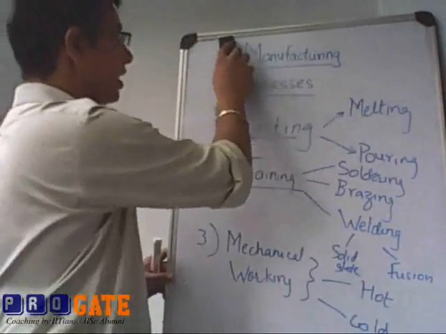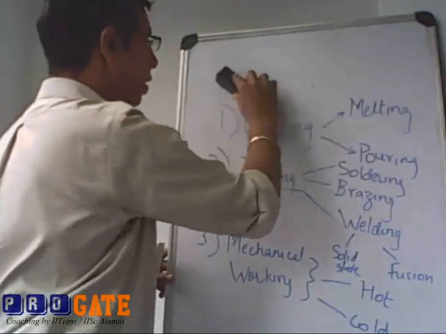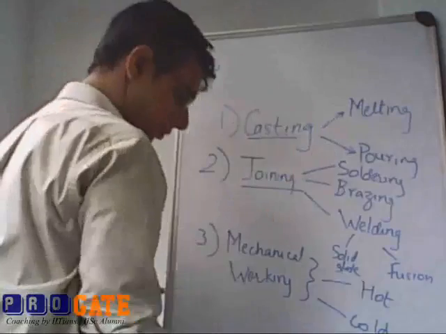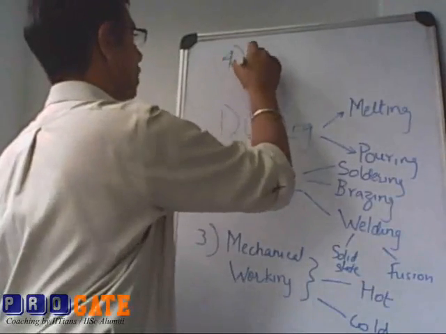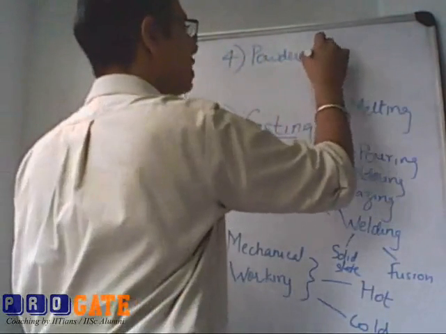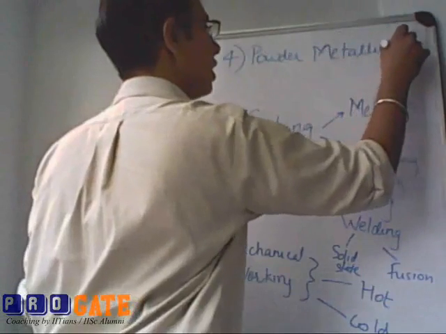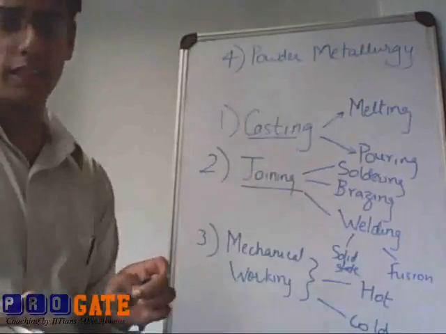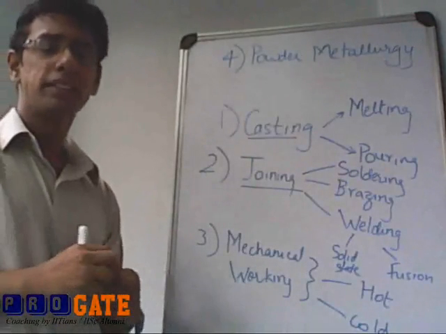So I'll just erase off the heading and I'll put powder metallurgy right at the top. What is powder metallurgy, guys? Yes, absolutely. Powder metallurgy is the process through which we can make ceramic components.